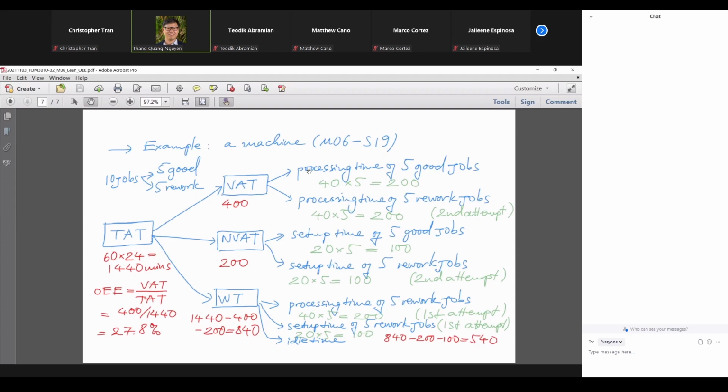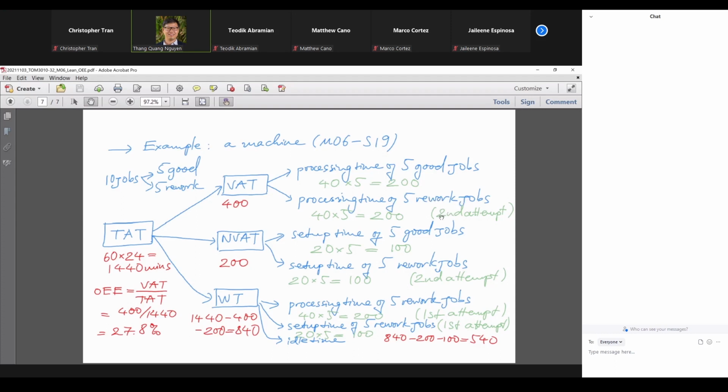So first of all, we talk about the processing time of the 5 good jobs. It takes 40 minutes to do processing, and because there are 5 jobs, we multiply to get 200 minutes, right? So that's the first component of the value added time. The second component is the processing time of the 5 rework jobs.